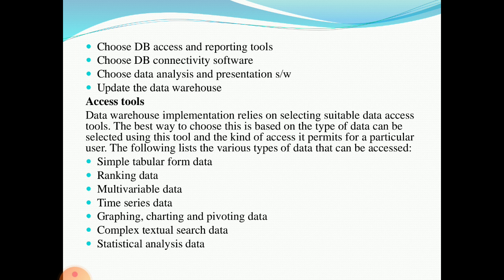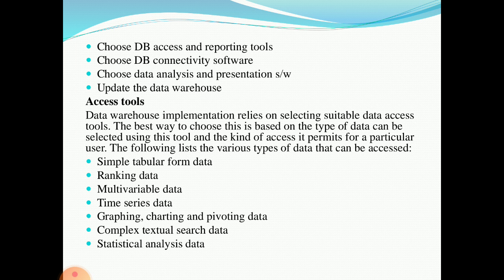The following lists the various types of data that can be accessed. If we need to open a movie, we need some player to support opening the movie. That means that is a tool. If we need to open a picture, there are picture-supporting software or tools that are needed.